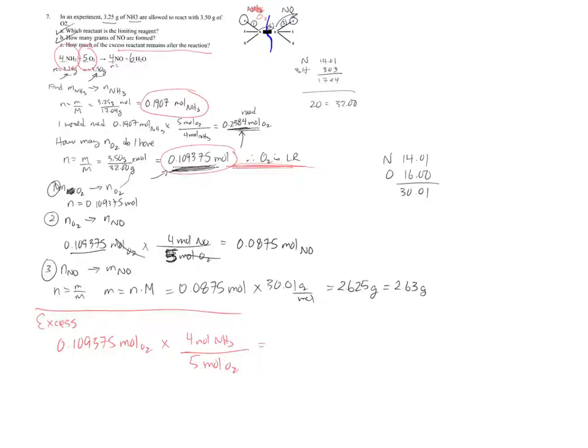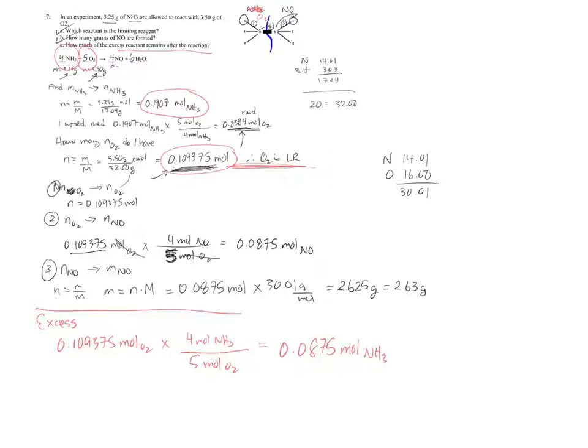Oh, okay, 0.109375 times 4 divided by 5. So 0.0875 moles of ammonia. That's how much ammonia would be used up.